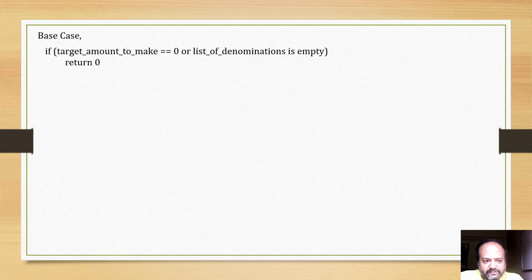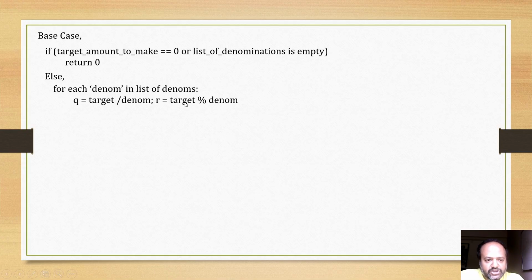So what is the inductive step, or what is the recursive step? For each denomination in the list of denominations, find the quotient, target divided by the denomination, and find the remainder. If the remainder is 0, which means the denomination that you are considering is evenly dividing into the target, you get one possible way, right?